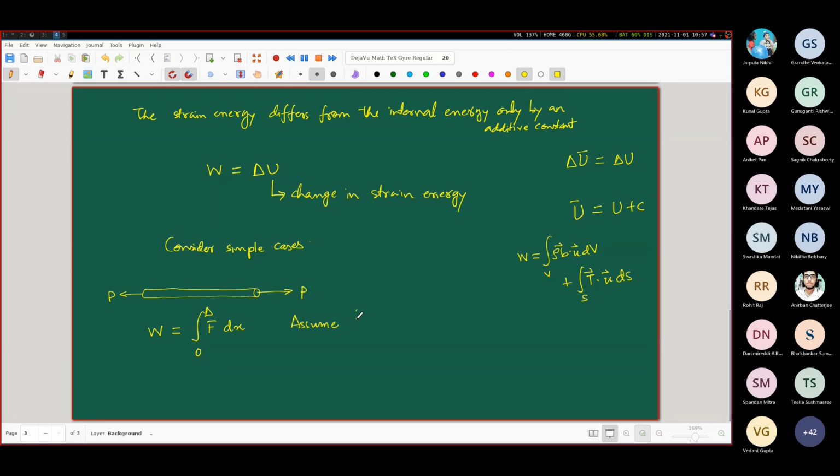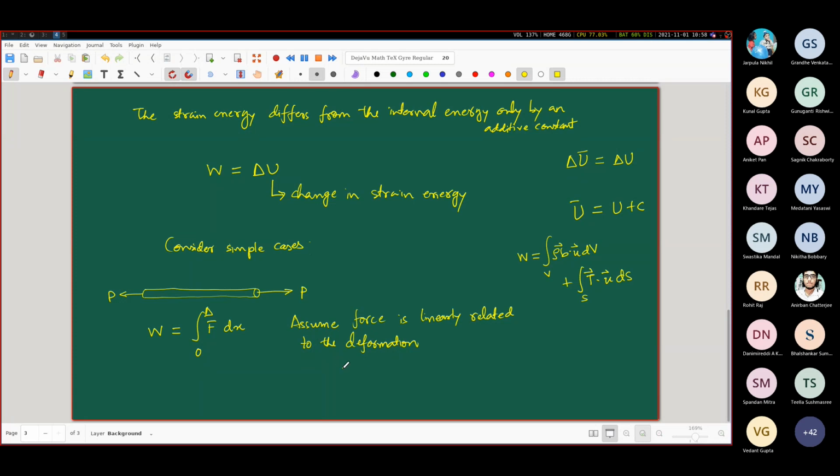that force is linearly related to the deformation. Exactly the kind of situation you are familiar with in the context of a linear spring. Same kind of idea, that the force is linearly related to the deformation.